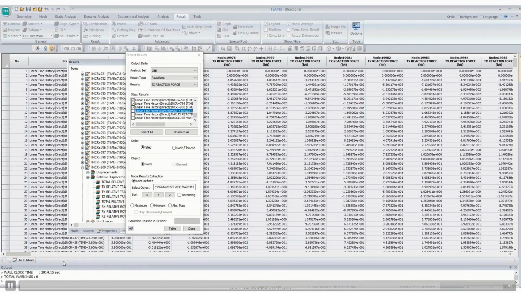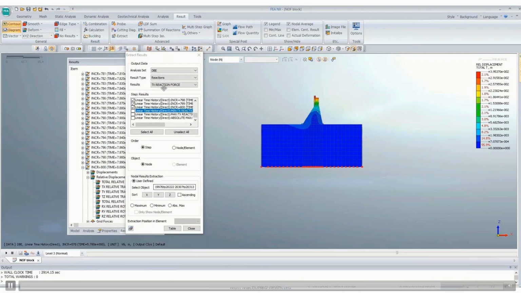Okay, now for the same nodes I need TZ reactions. Okay, table. So it will take some time. Let's wait.